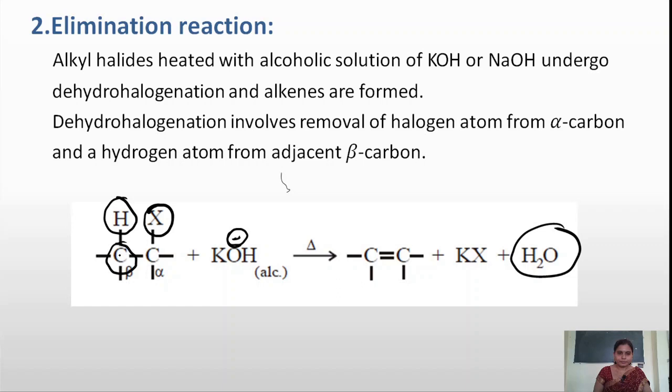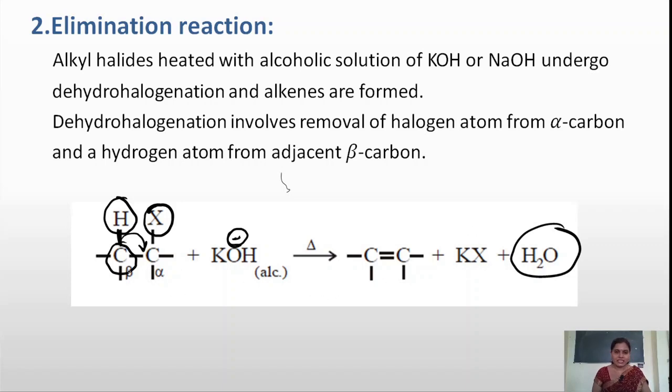The bond between carbon and hydrogen breaks, and these two electrons are shifted towards this side. So here it forms the double bond, and because of this double bond, this carbon gets unstable. So there is a removal of this halogen atom, and K reacts with this X, and there is a formation of KX, that is potassium halide.